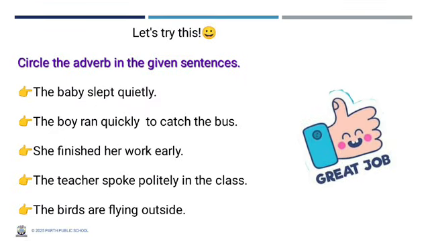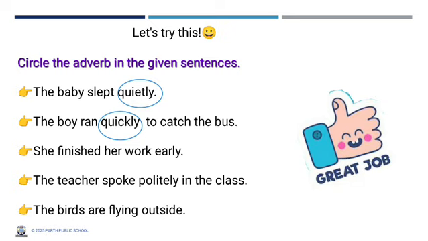Now let's try this. Circle the adverb in the given sentences. The baby slept quietly. Here, quietly is the adverb. The boy ran quickly to catch the bus. How did the boy run? Quickly. That's very good.